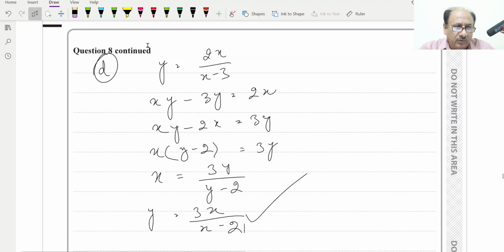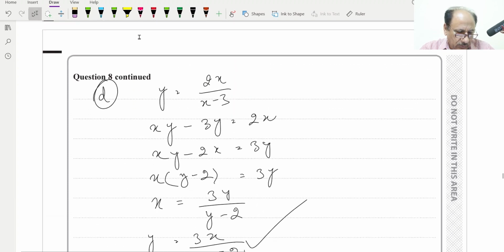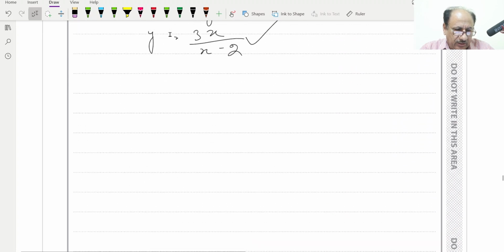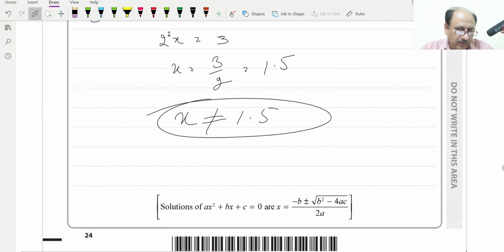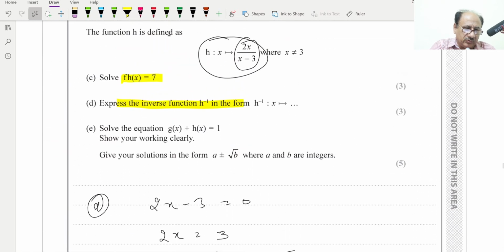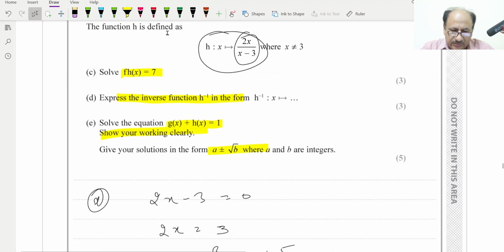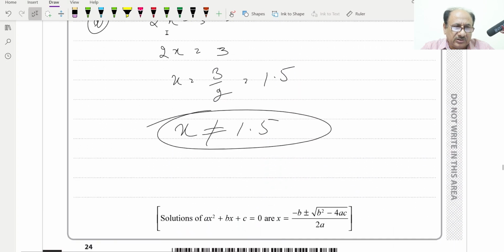This is done. Now we can go through the last part. Last part is E part, which is asking to solve g of x plus h of x is equal to 1, show your working, and give your solution in the form a plus b root x, where a and b are integers.